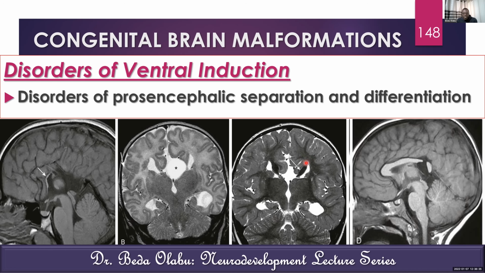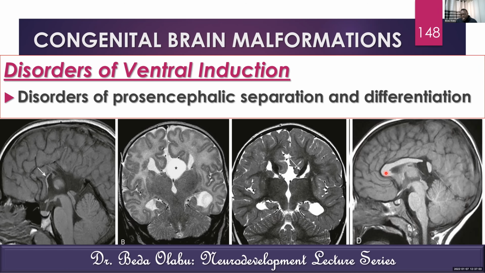Similar to that one, we are not seeing the bridging of the corpus callosum. So it's definitely dysgenetic. We don't know whether it's complete agenesis, again, because this is a coronal view. You need a sagittal view like that to tell whether the corpus callosum is completely absent or it's just dysgenetic. Look at this one.